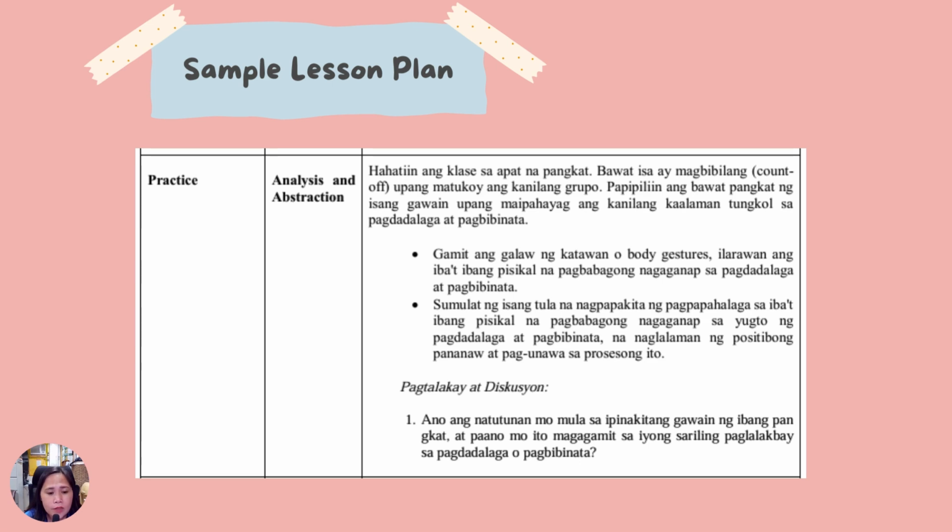So, there are two activities. The group will just have to choose only one activity. It could be, gamit ang galaw ng katawan or body gestures, ilarawan ang iba't ibang pisikal na pagbabagong nagaganap sa pagdadalaga at pagbibinata. Second option, sumulat ng isang tula na nagpapakita ng pagpapahalaga sa iba't ibang pisikal na pagbabagong naganap sa yugto ng pagdadalaga at pagbibinata na naglalaman ng positibong pananaw at pag-unawa sa prosesong ito.